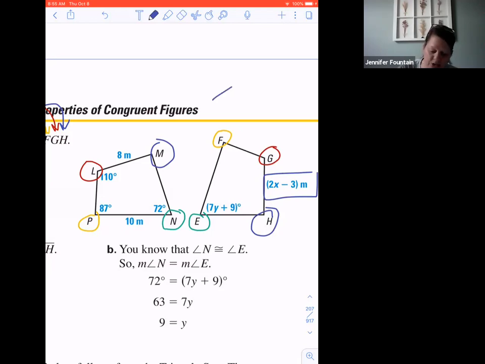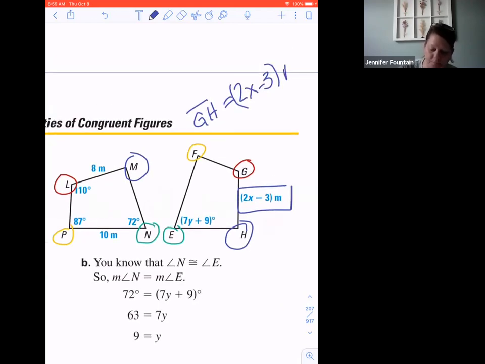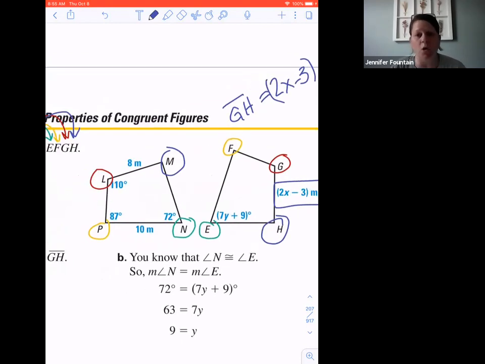So GH is equal to 2X minus 3 times M. So I said GH equals 2X minus 3 times M. So now I've got to look and see, okay, what is my corresponding side that goes along with that? And so we said this was GH right here. So when I look at my corresponding sides, that would be LM.